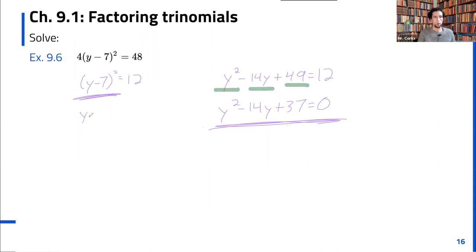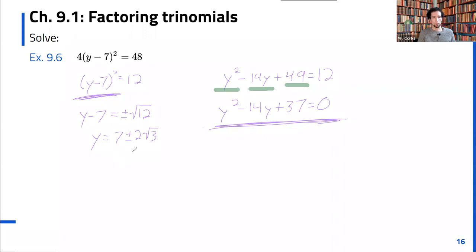Here we'll just do y minus 7 equals plus minus root 12. And then just move the 7 over, y equals 7 plus minus root 12. Can we simplify that? 2 root 3.